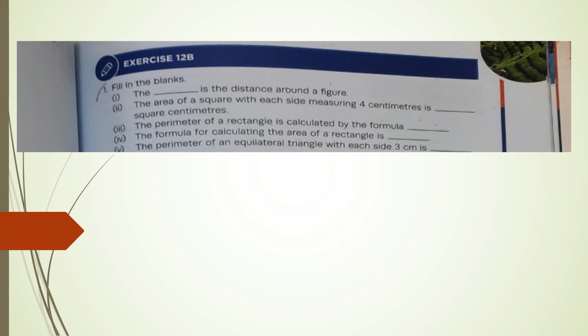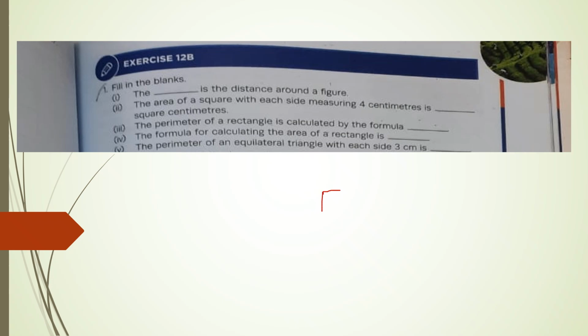So let's look at question number 1, which is fill in the blanks, which is the most interesting thing we like about in mathematics, because it's easy and you have to find the blanks. What is the correct option? You have to write in the blank, right? So the first blank is: the dash is a distance around a figure.